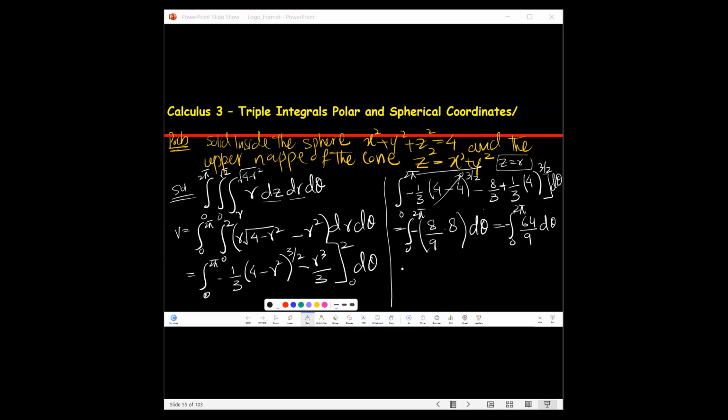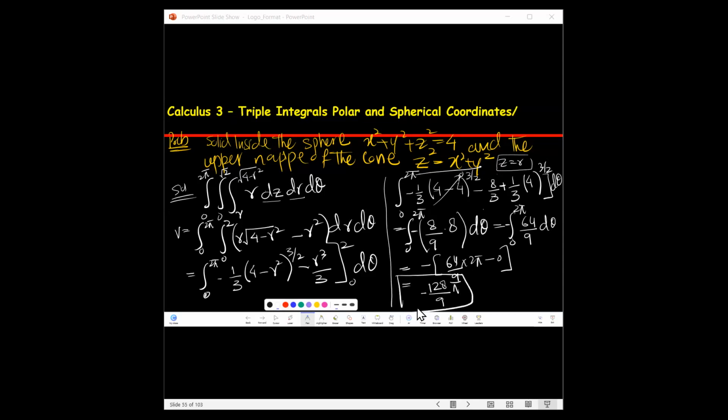Let's take the last integral, directly applying it. 64 times 2 is 128 over 9, with a minus sign.